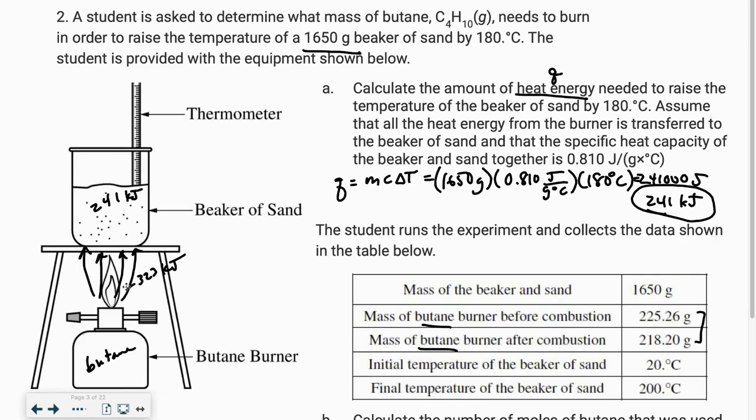So clearly, if the butane burning is producing this much energy, but it only requires 241 kilojoules, some of the heat is being dispersed into the air, is being lost to the surroundings. Perhaps some is going into the thermometer. Perhaps some is going into the butane burner and being transferred into the burner here. So we are losing about 80 kilojoules of heat there.